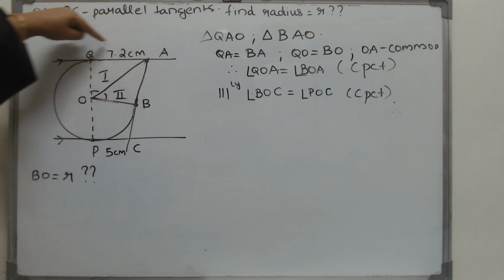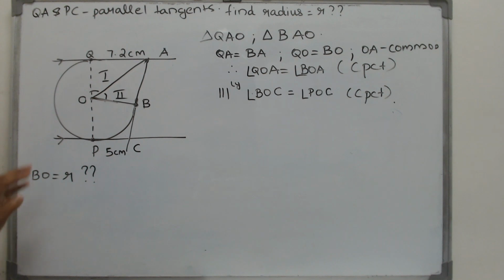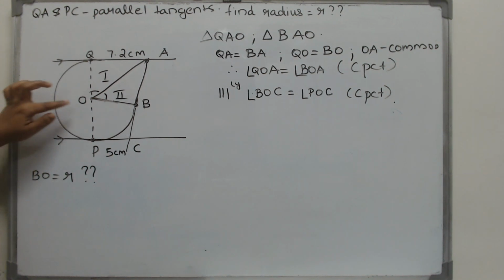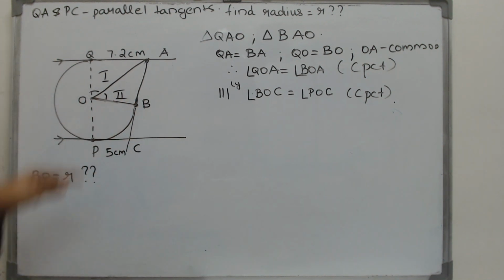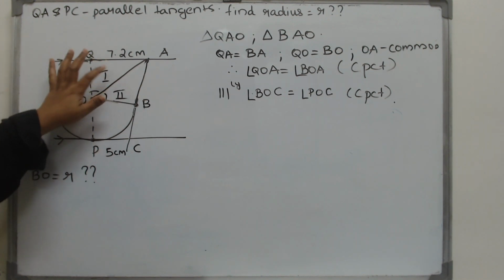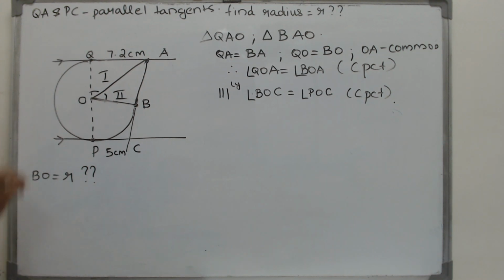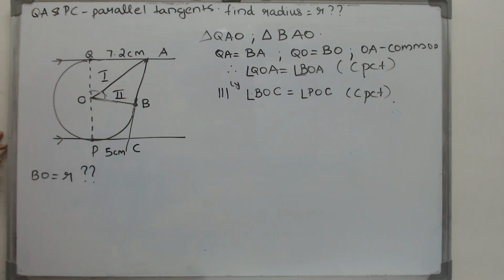AQ and AB are tangents from the same external point A, which means they are equal in length. OQ and OB are the radii, equal to each other, and OA is the common side. So by the SSS criterion, these two triangles are congruent to one another, which means by CPCT, these two angles are equal to one another.